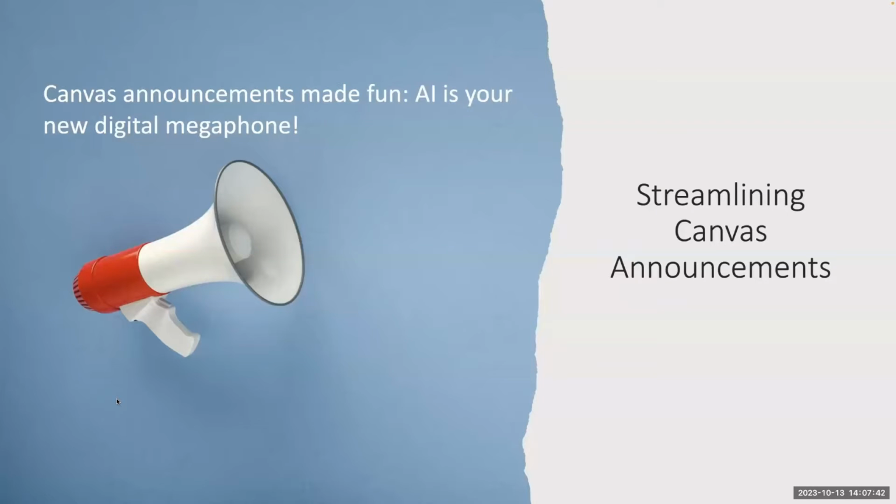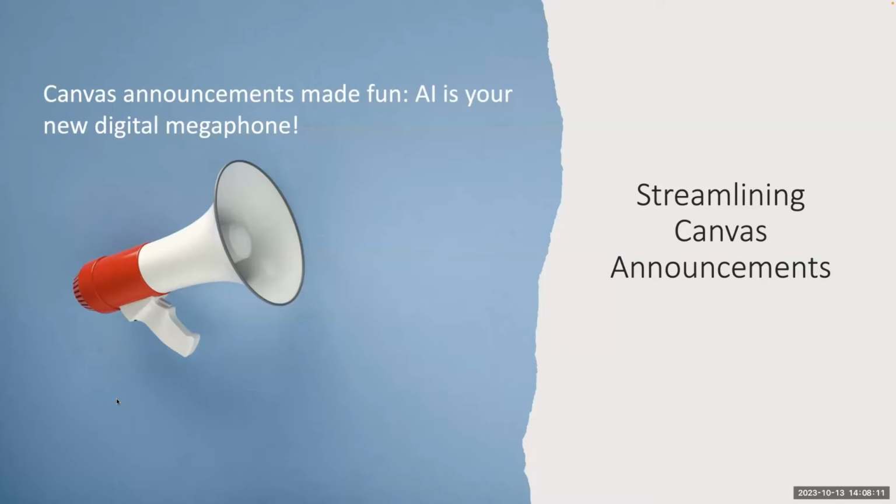And I like using ChatGPT to help me write my announcements really quickly. It does a good job, especially if you have some sort of task that has a few steps, such as, in my case, how to book a Zoom meeting, because I have these bookable Zoom one-on-one office hour type meetings that I have set up in my Canvas class.